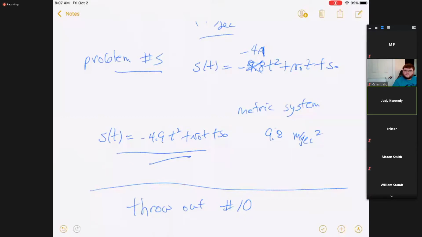And also it says the cubical box with a length of 15 centimeters is covered with ice of uniform thickness. So what happens at the edges? I assume that with the ice, it's still a cubical box. I just don't like it. So throw out number 10. That's one less problem we have to work. Any more questions about that?